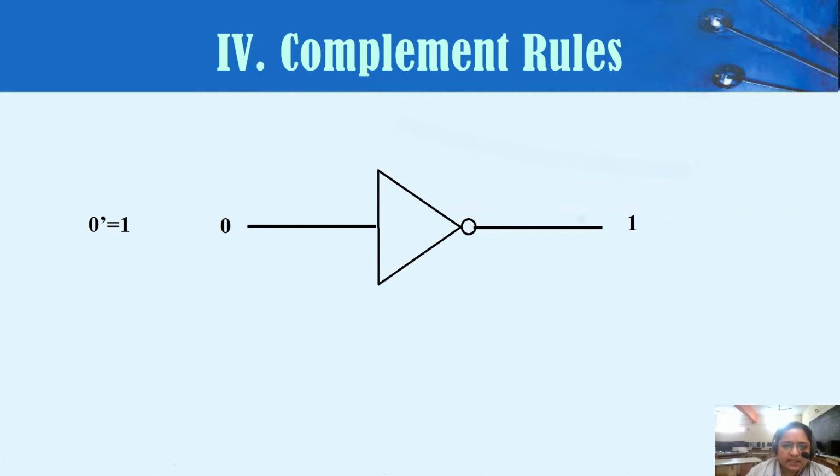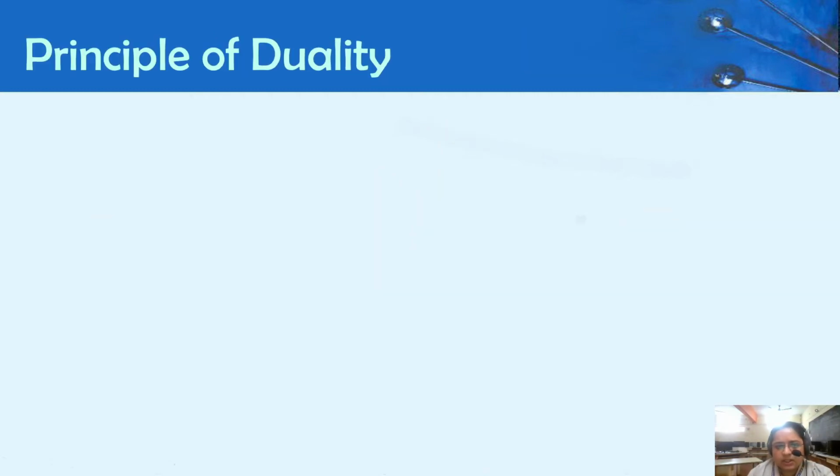Complement rules, that is negation or your complement, you can say that the complement gate, the NOT gate, is used here. So when you supply 0, what comes out? 1, and when you supply 1, what comes out? 0.